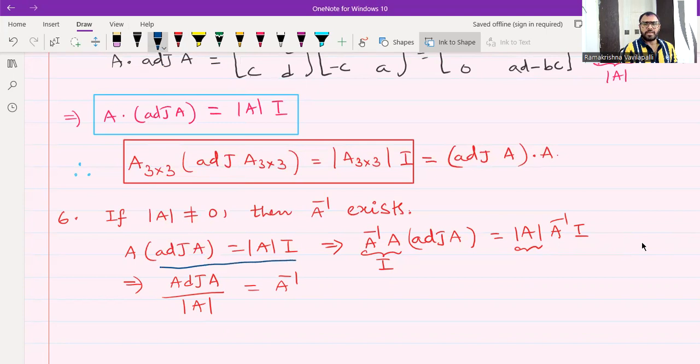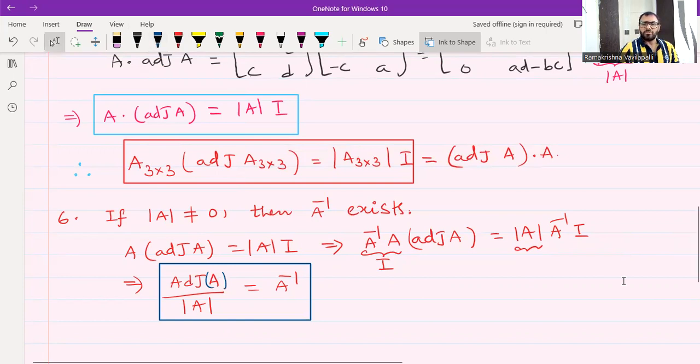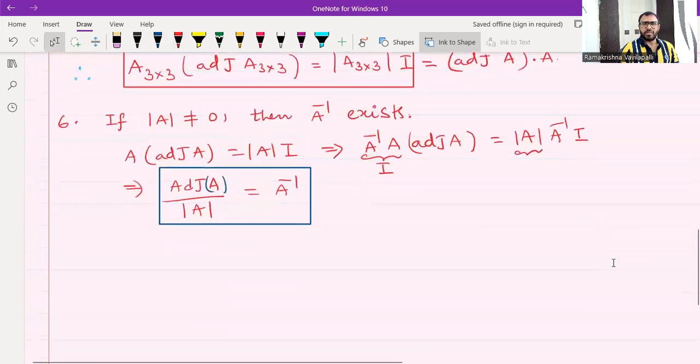So how to find out A inverse equal to, it is adjoint of A by det A. So now we'll come to the actual thing. Of course, these are also very important.